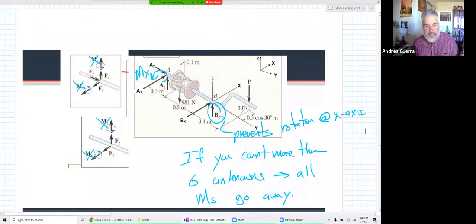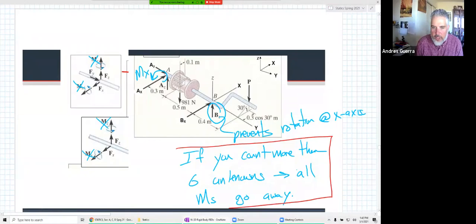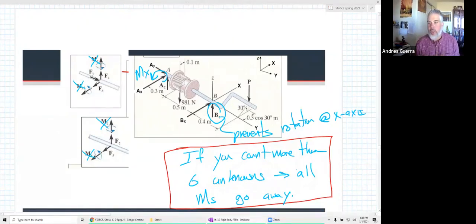So the easiest approach, what I've written down here, and I'm going to box it in: if you count more than 6 unknowns, all the moments go away. The explanation is because it's a rigid object and the support reactions preclude the need for those moments to occur.